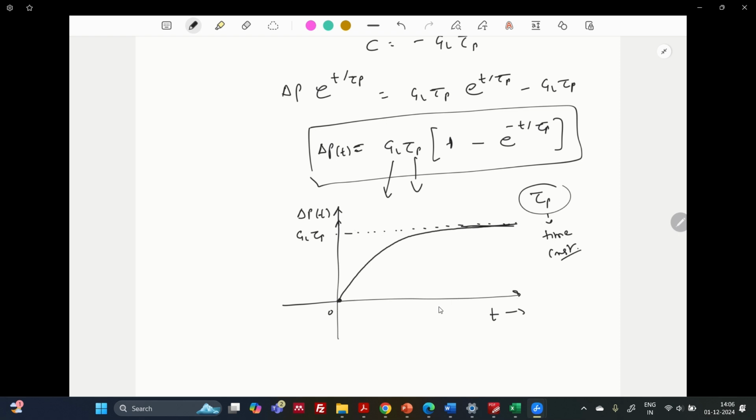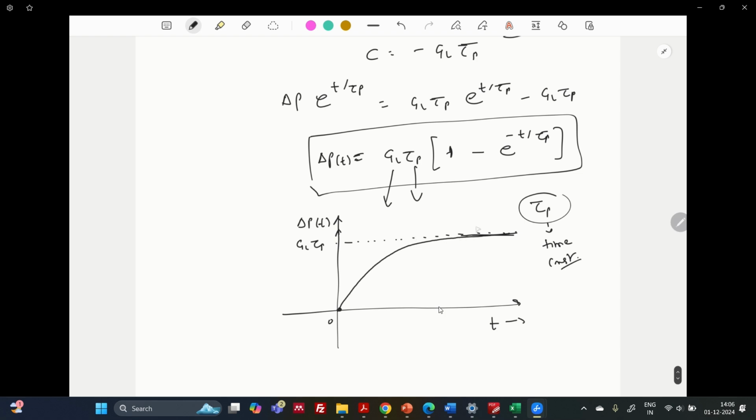And what's the reason? Why does it become constant? When you are shining the light, it's not that you have stopped the photons from coming to the semiconductor. You keep shining the light, you keep throwing photons over the semiconductor, and electron hole pairs will keep generating, right? So why does this delta p initially increase, but then become constant? Why?